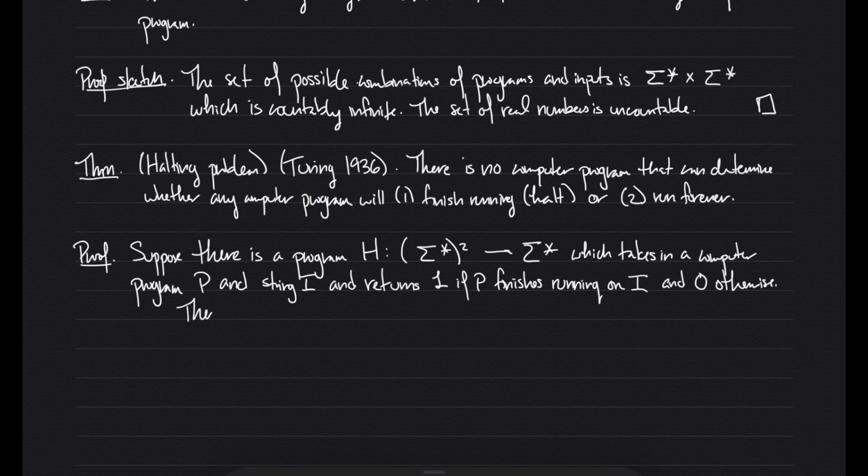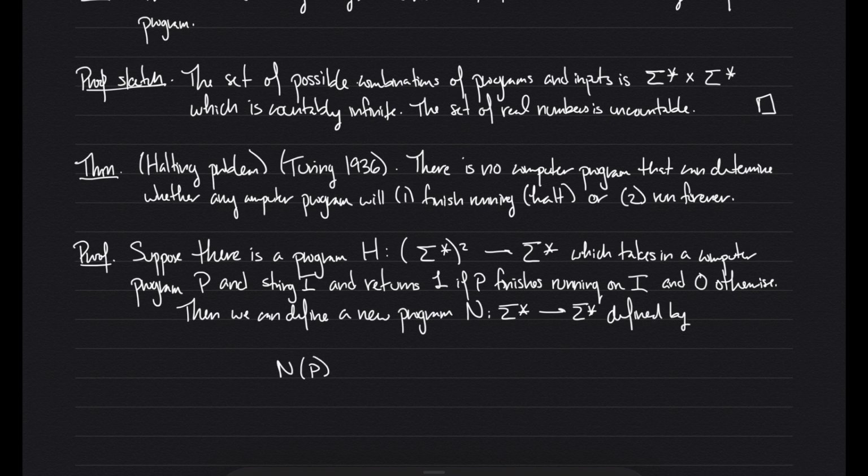So if we had such a computer program that gave us such profound knowledge, then we could define a new program, let's call it N for new, from sigma star to sigma star defined by the following. Again, this is something between a proof and a proof sketch.